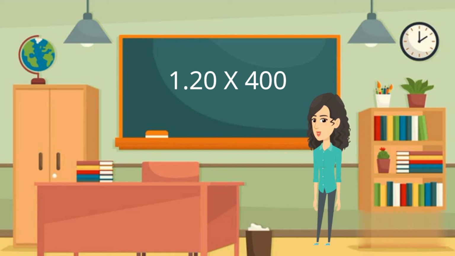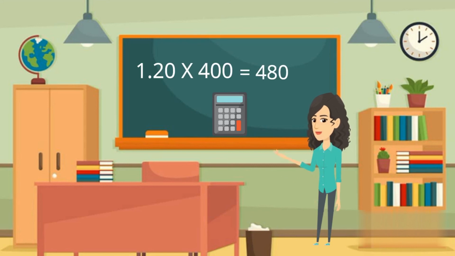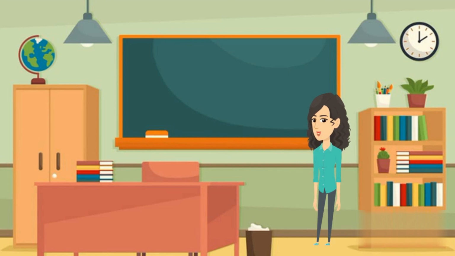Third step, we do the multiplication, 1.20 times 400. Using the calculator, we get 480. 480 is greater than 400, that makes sense as 120% is greater than 100%. So our final number 480 is greater than our initial number, 400.